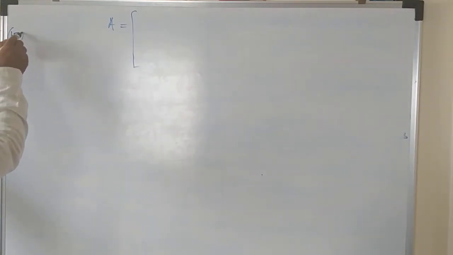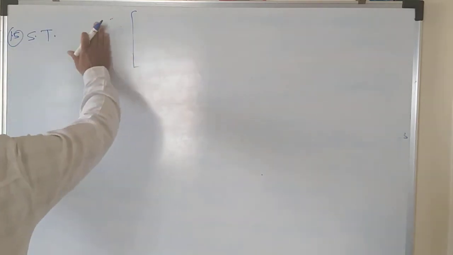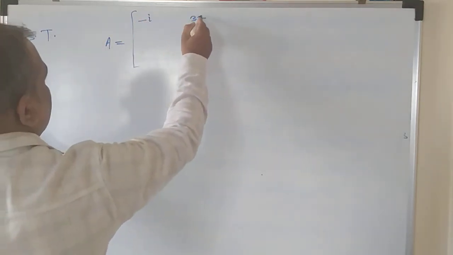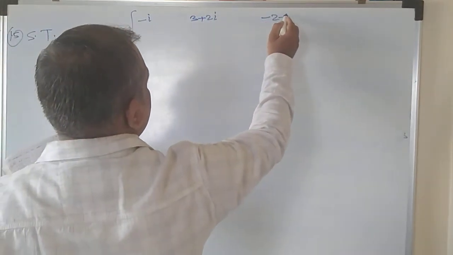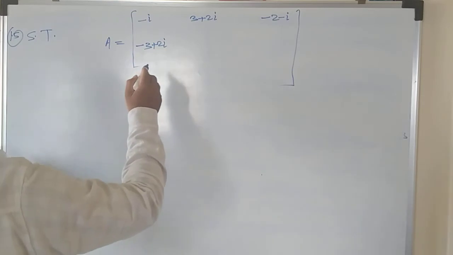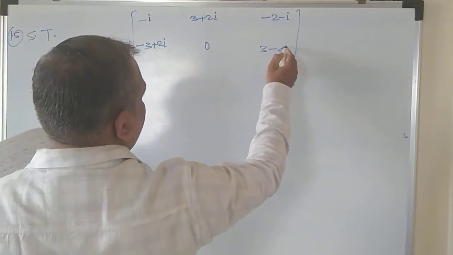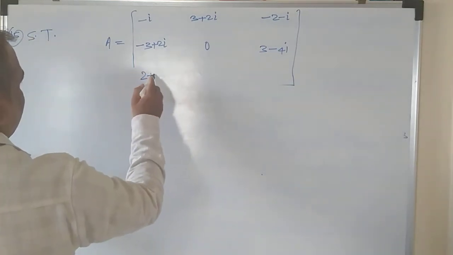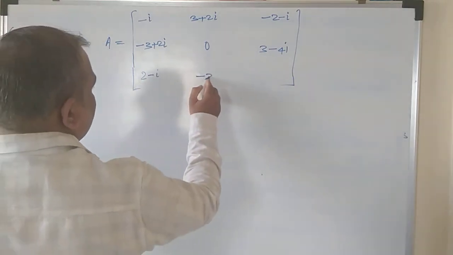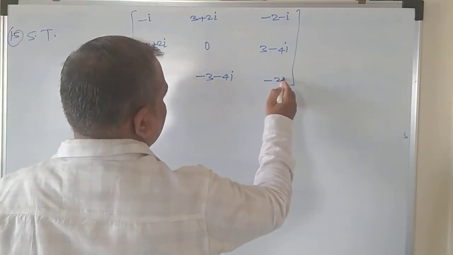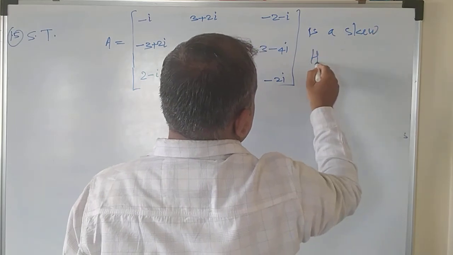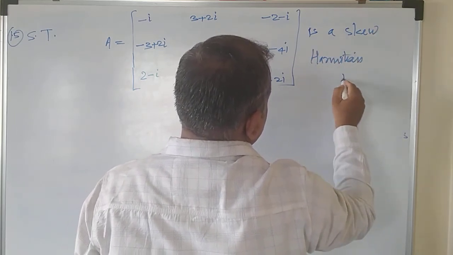Show that the matrix A is minus i, 3 plus 2i, minus 2 minus i, minus 3 plus 2i, 0, 3 minus 4i, 2 minus i, minus 3 minus 4i and minus 2i is a skew Hermitian matrix.